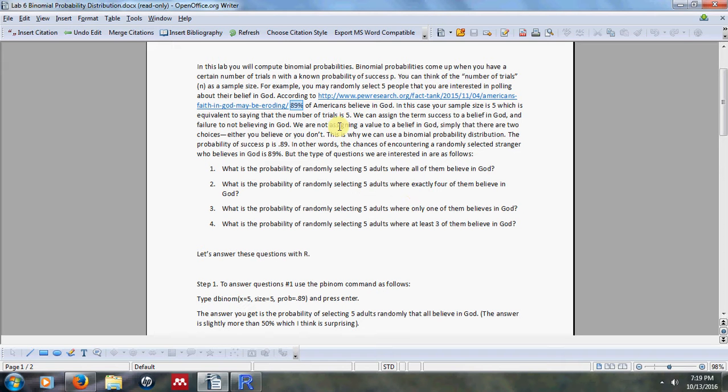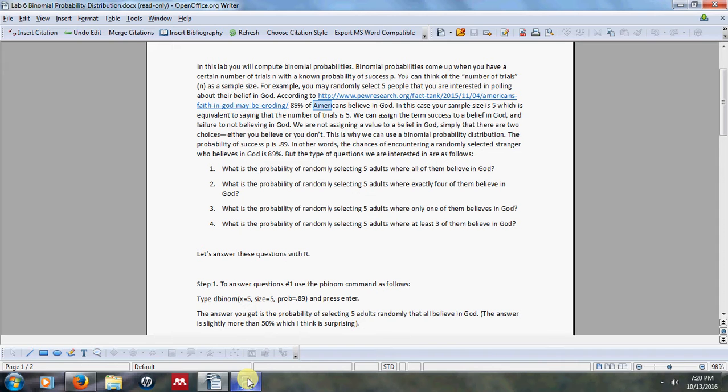And so again, the probability of selecting somebody randomly out of the entire population of Americans is 89%. Of course, it's going to be 0.89.